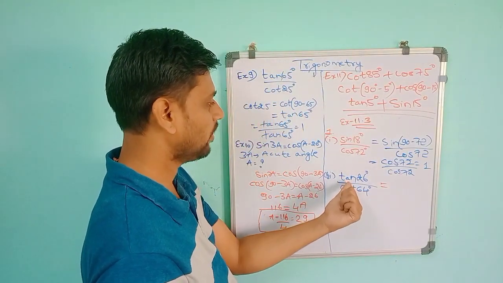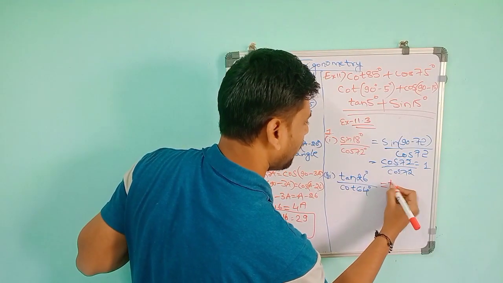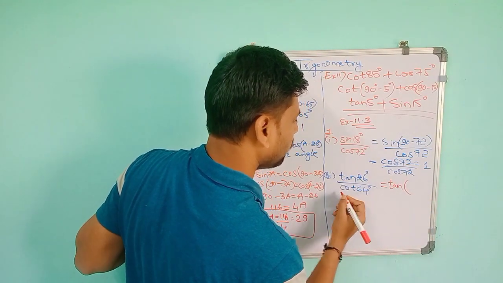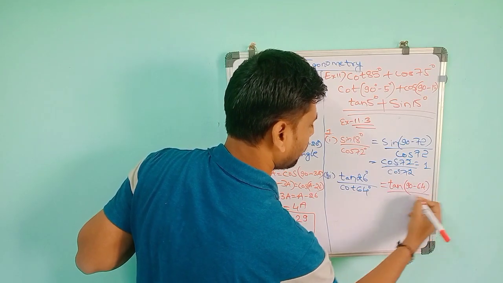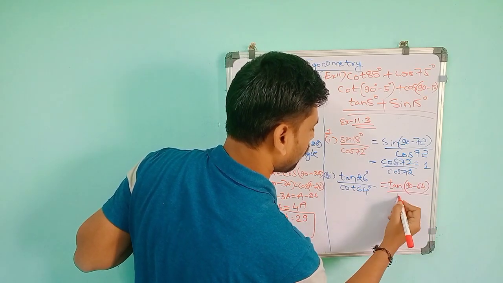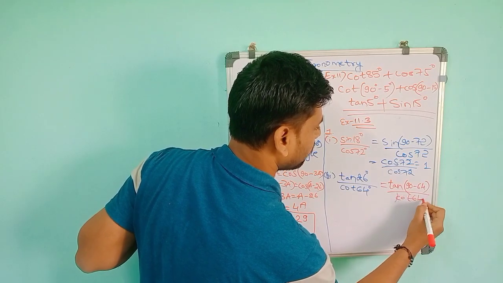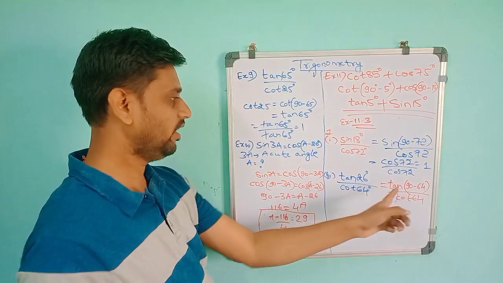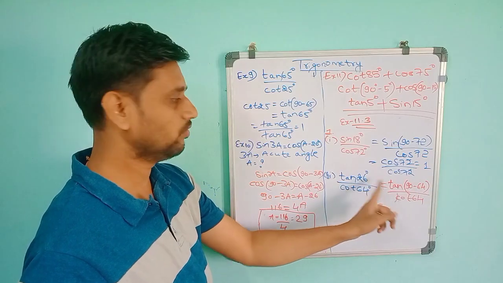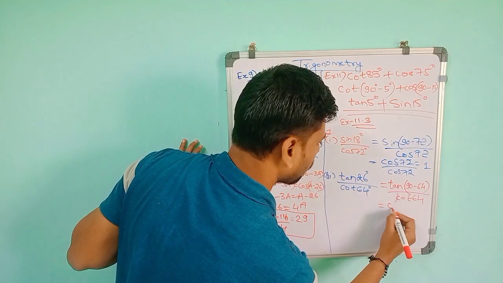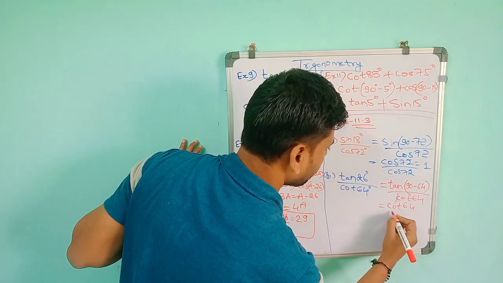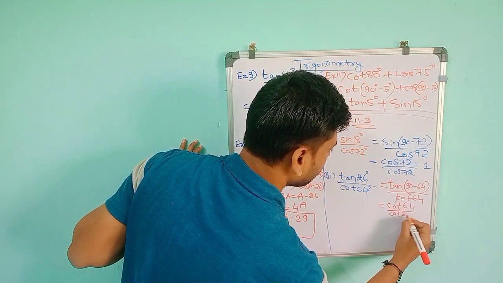Tan is there, so I will change the upside only, tan of 90 minus 64, divided by cot of 64. So tan of 90 minus 64 is 26 only. So you can write in terms of 90: tan of 90 minus 64 is cot 64, divided by cot 64.